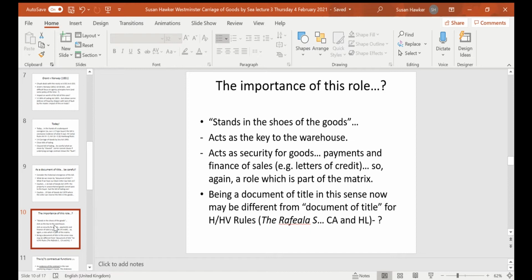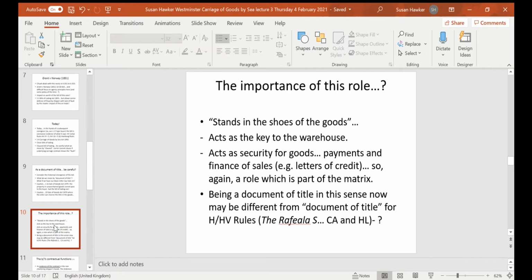And we have to remember that when we're lawyers, we do use language sometimes sort of interchangeably. We can think now, since the Rafaela S, from Lord Steyn, and we will look at this in the reading group, because the Rafaela S is your case to read for Thursday's reading groups, that Lord Steyn's speech leads us to speculate that a document of title in one respect may not be considered to be a document of title in another.